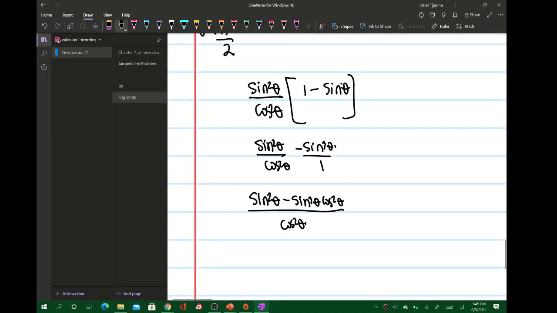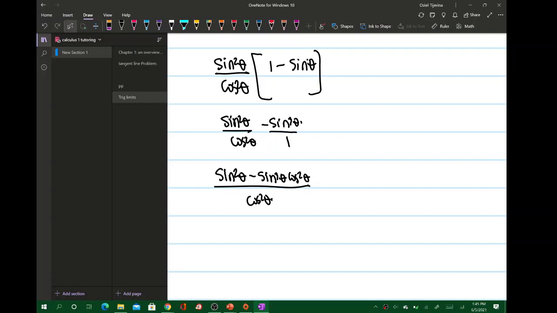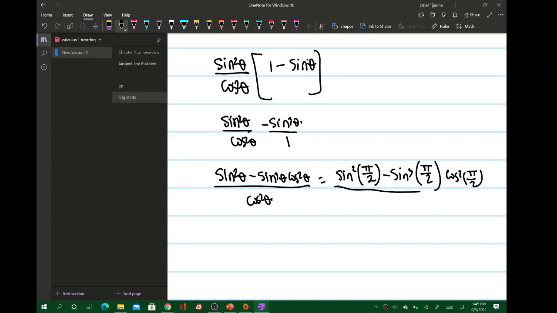Sine of pi over 2 is 1. So basically if I do sine squared of pi over 2 minus sine cubed of pi over 2 times the cosine squared of pi over 2 over the cosine squared of pi over 2.